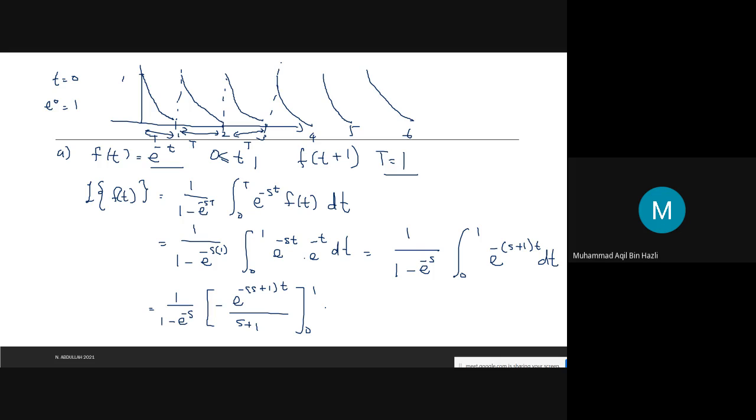Dah. Okay, and then kita gantikan, we replace t with 1 and 0. Equals to 1 over 1 minus exponent minus s.